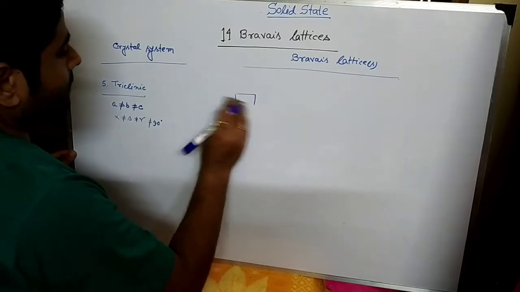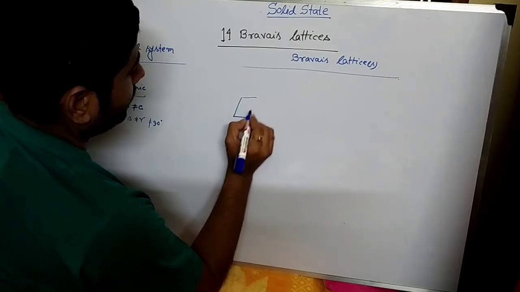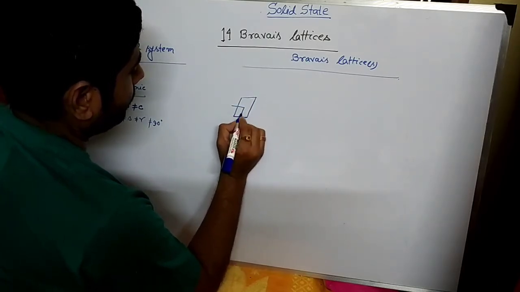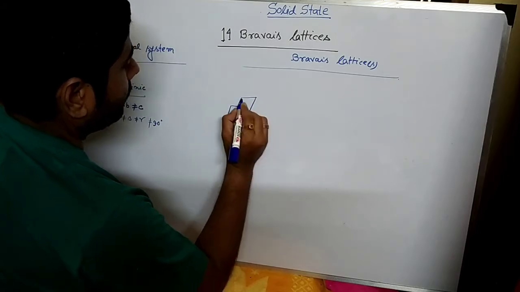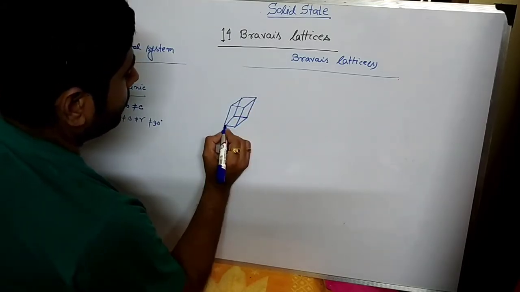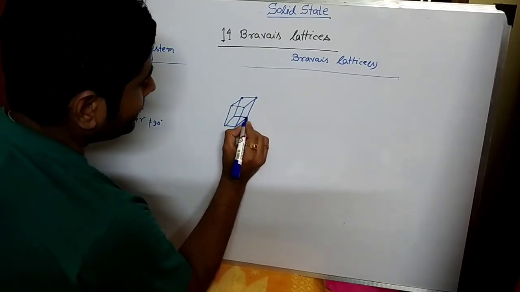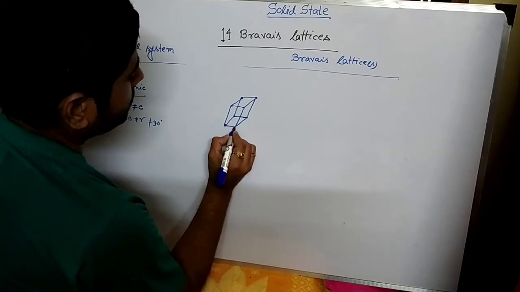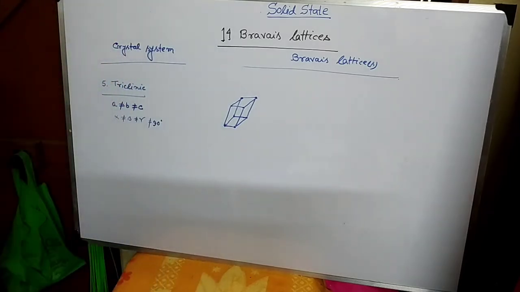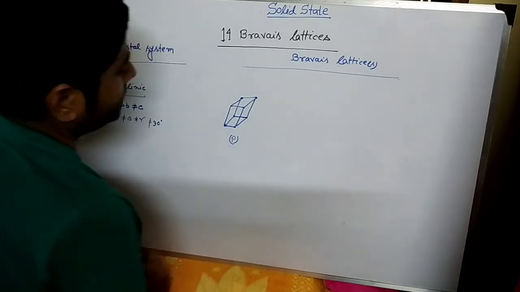So triclinic is not like that. But in this system, as it is the least symmetric system, only for this we will get the primitive type of Bravais lattice.